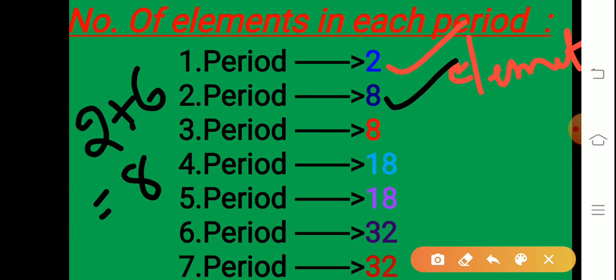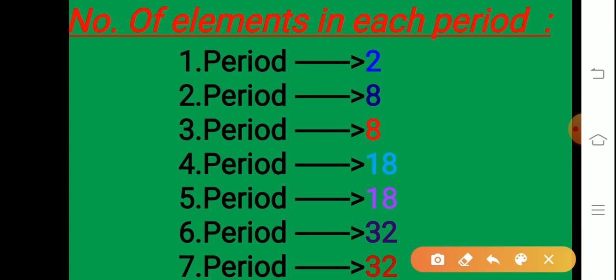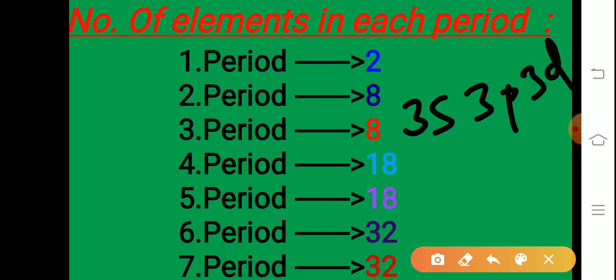And the third period starts with the M main shell. There should be 3s, 3p, 3d, but you don't consider this.